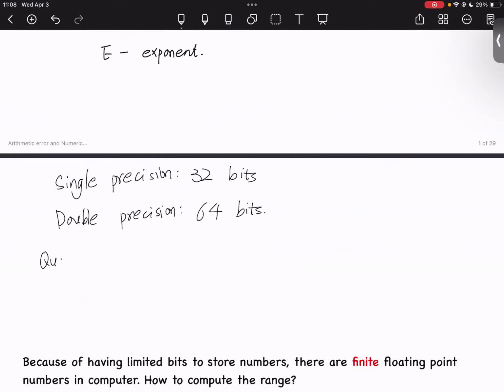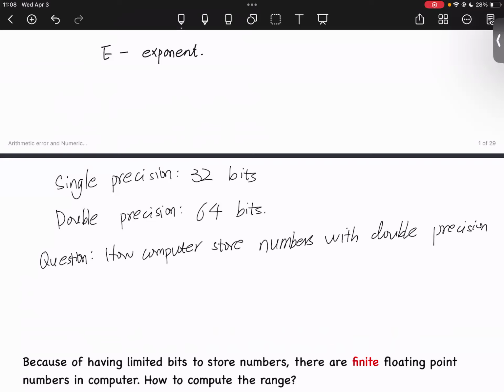There's one question here: how does the computer store numbers with double precision? Let's use double precision as the example.